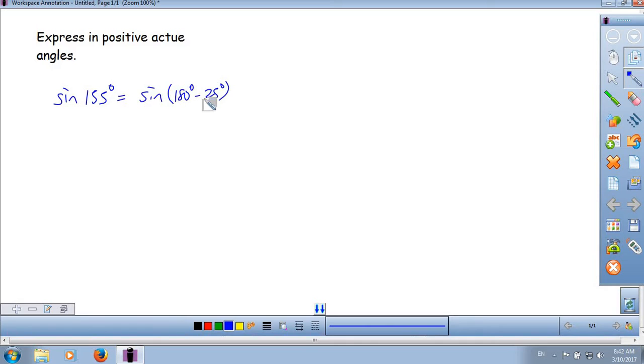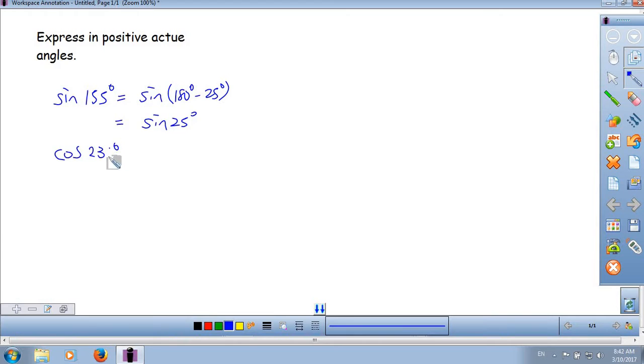So this will be equal to sine of 25 degrees, because it's in the second quadrant, and I'm using the reference angle. The reference angle is 25, so sine of 155 has the same sign as sine of 25. So what about cosine of 340 degrees? Oh, let's try something else.